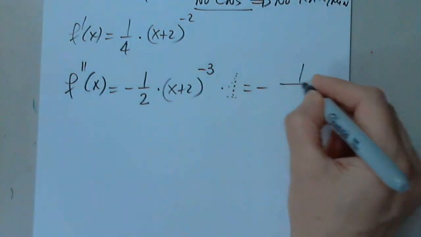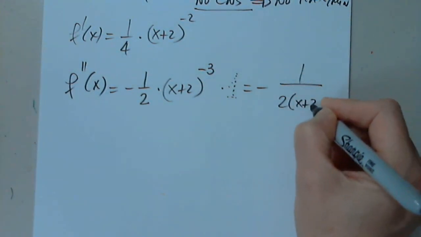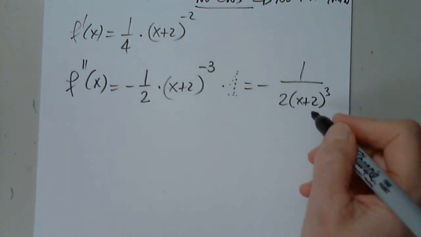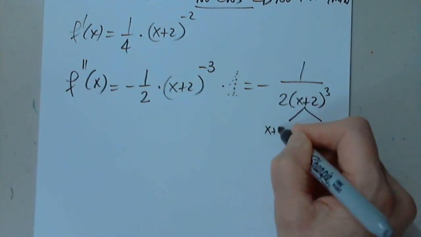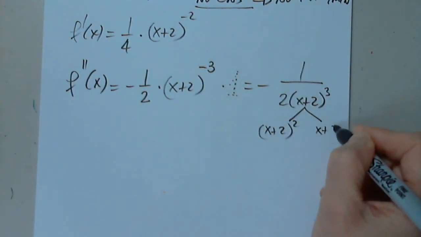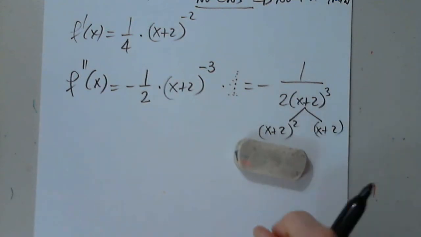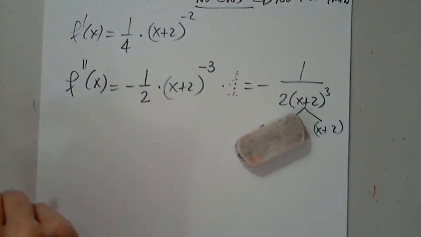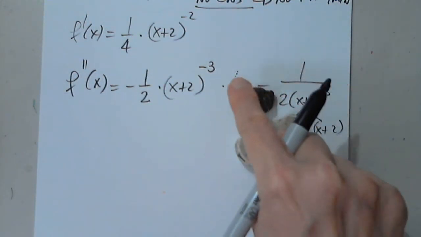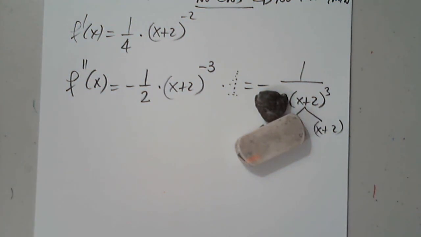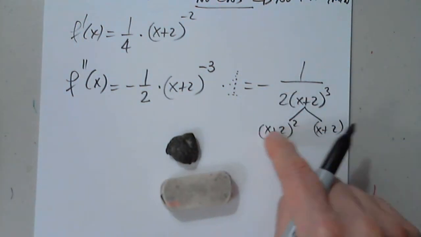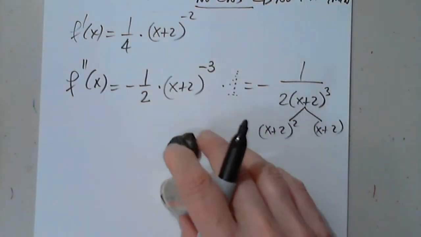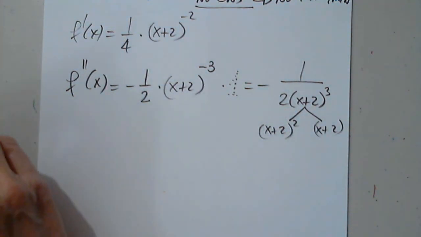Okay, so this is -1/2 (x plus 2) cubed. But I'm going to split this into x plus 2 squared and x plus 2, because I don't want to study the sign of this. There's nothing to study for 2, nothing to study for this. These are always positive. They will never change anything.